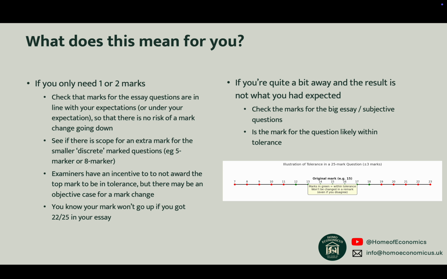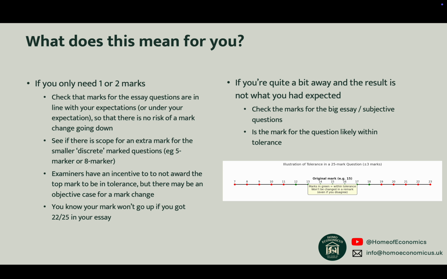Now, if you're quite a bit away and the result is not what you've expected, then again, let's visit this theme of being within tolerance. So I think firstly, check the big essays, check the 25 markers. Those are the ones that obviously are worth the most in your paper, right? And ask yourself whether you see it being within tolerance, right?